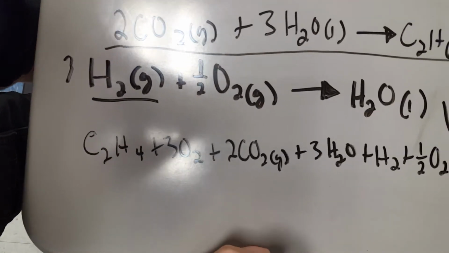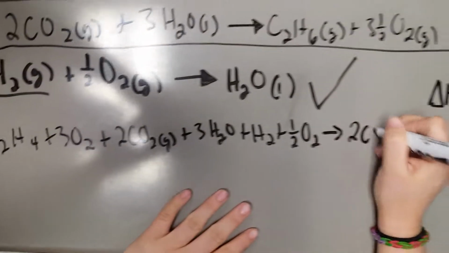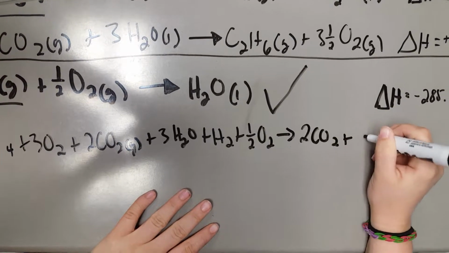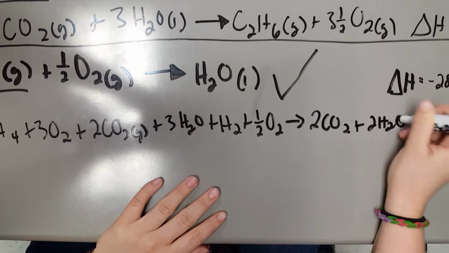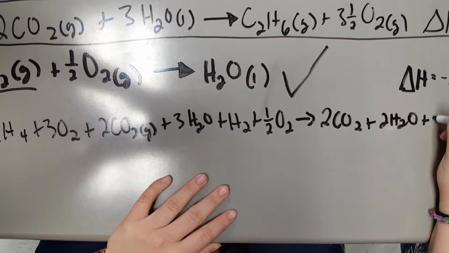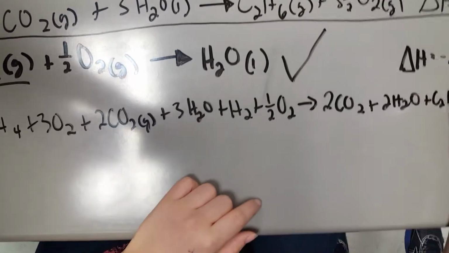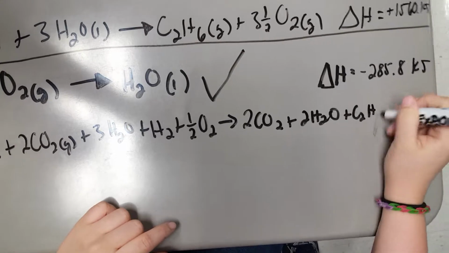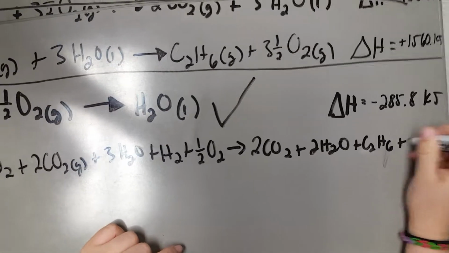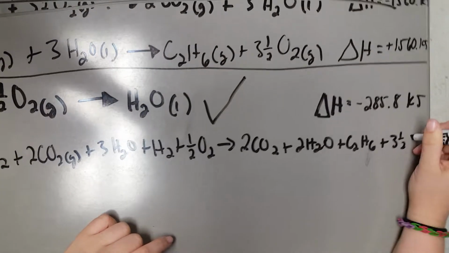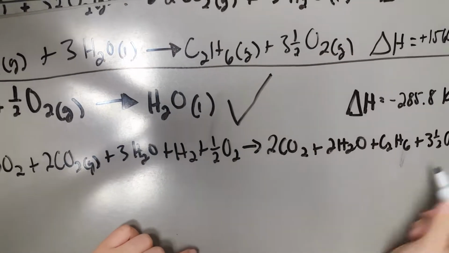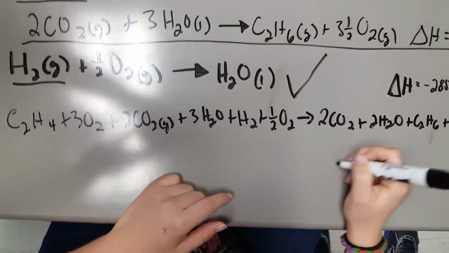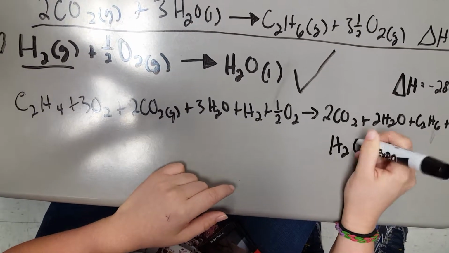You add up all of your products: 2CO2 plus 2H2O plus our new products, plus this from here, and then our other water molecule.